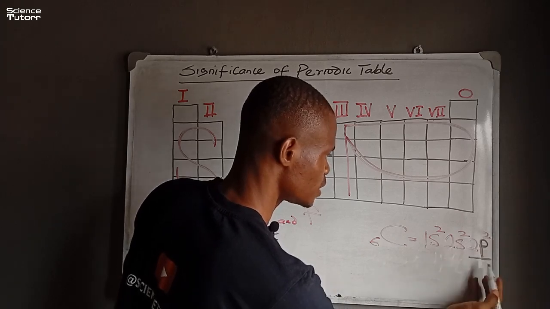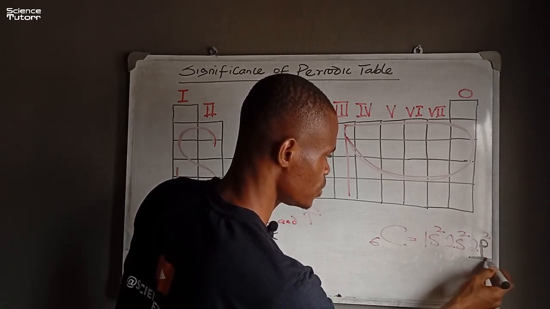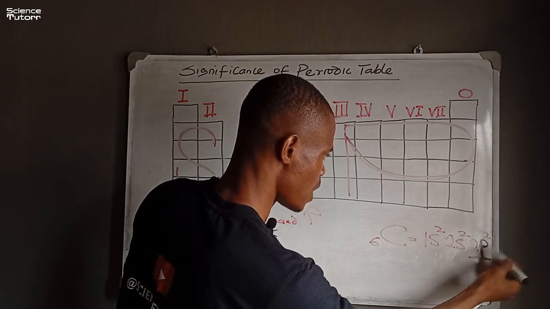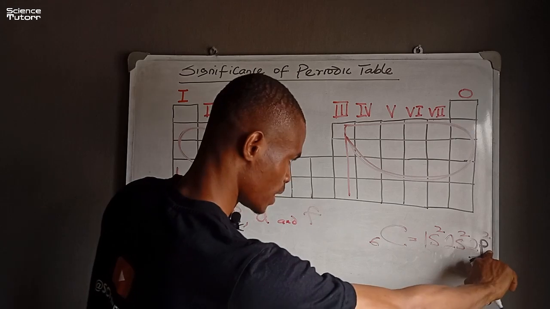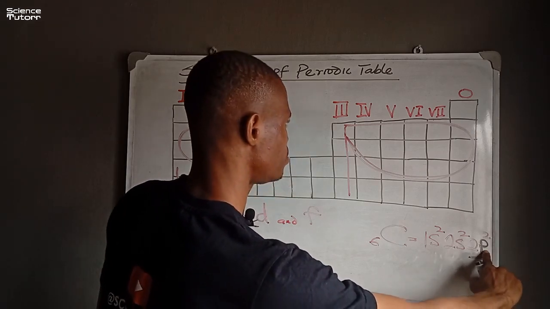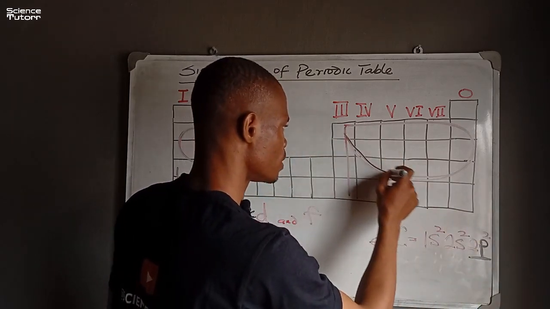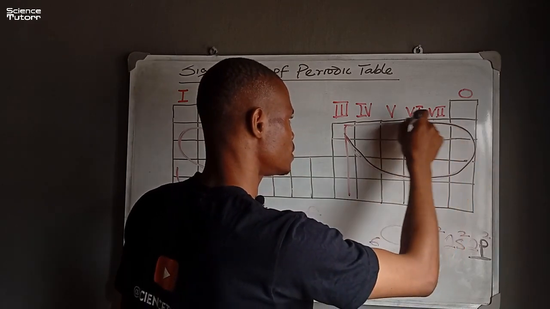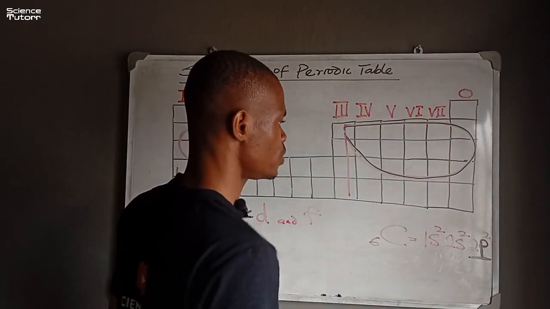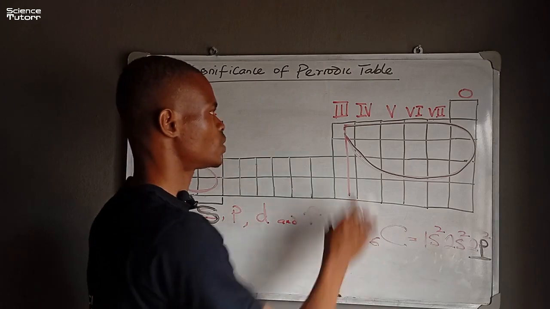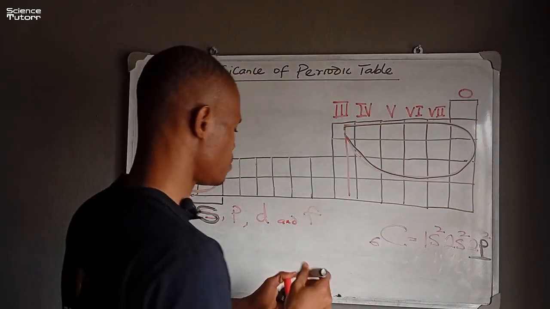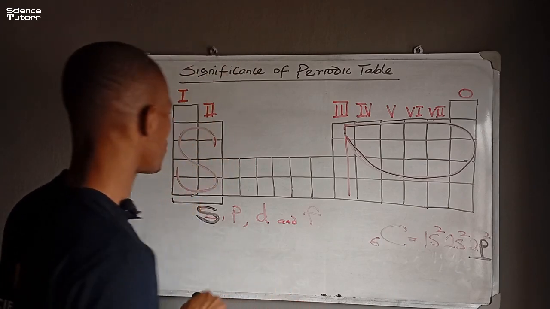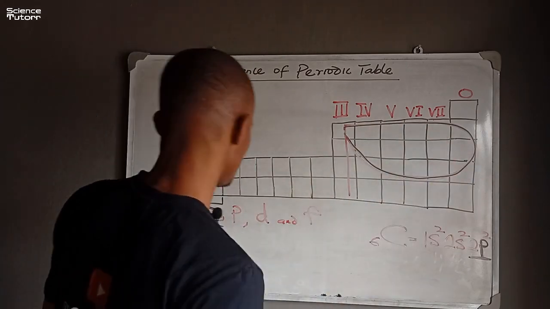Because it ends with a P, P is at the outermost shell of the atom. So the block that is on the outside is P. That makes the elements present here P block. Every element that will be situated here will represent the P block, and that is why they are called the P block elements.